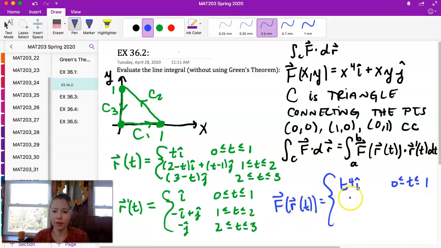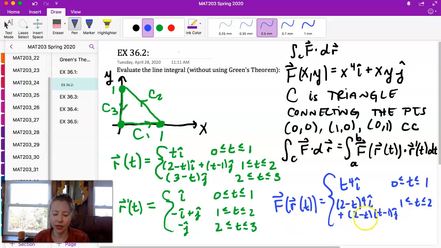And then we have 2 minus t here to the fourth, our x to the fourth, i hat, plus 2 minus t, so our x, y, j hat, so x is 2 minus t, y is t minus 1, j hat, and that's going to be from 1 to 2.